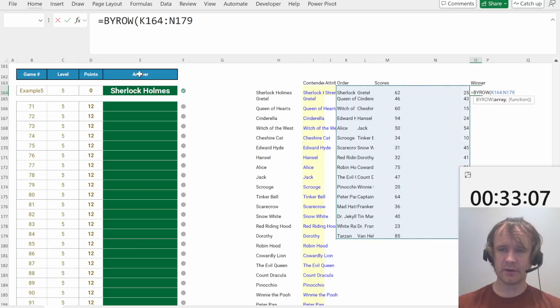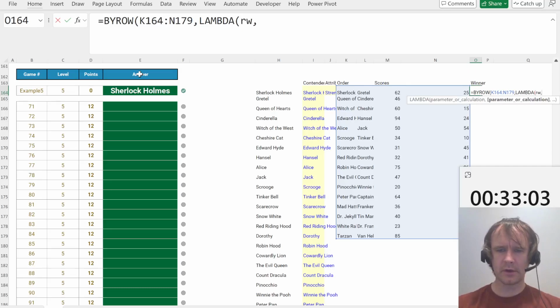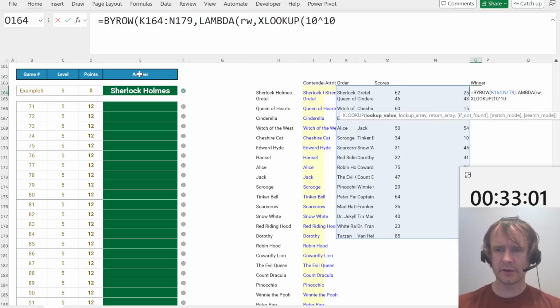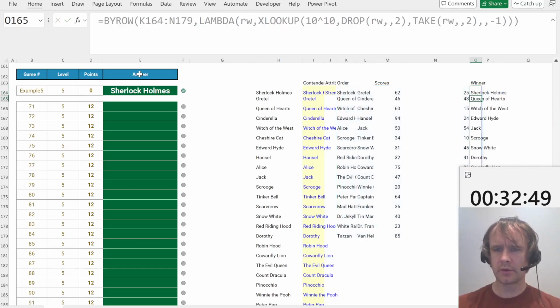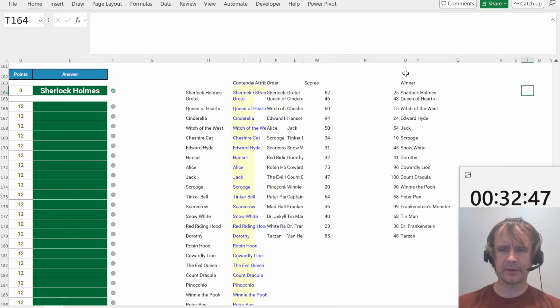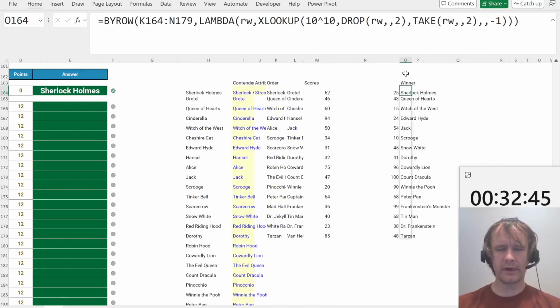Yeah, I guess we can do that. That's going to be lambda row x lookup 10 to the 10 in drop row 2, returning from take row 2, exact match for next smaller item. Okay, so I think that's going to give me 1 round.